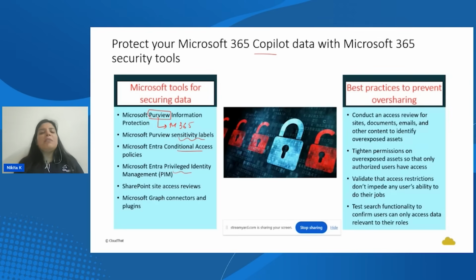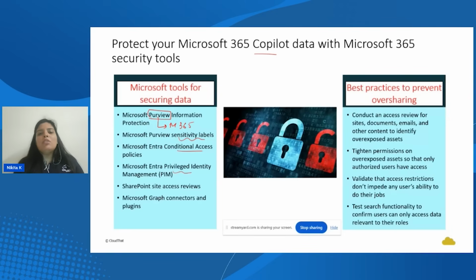So the conditions can be many. You can give the condition on the basis of IP, location, device, or, let's say, some application on which your resources either will be accessible or not.